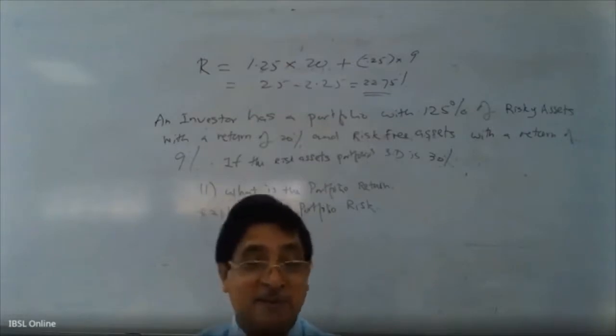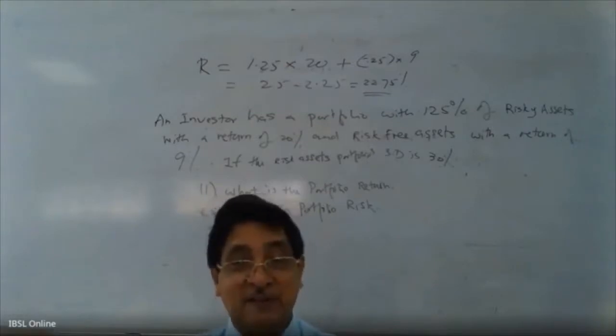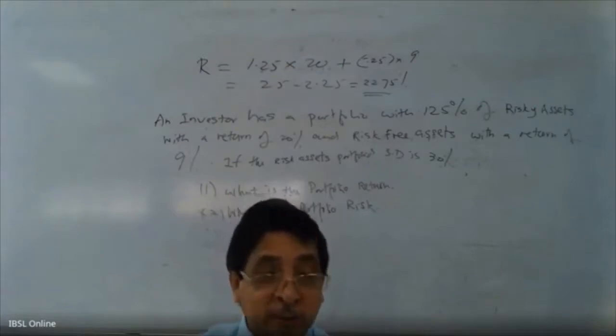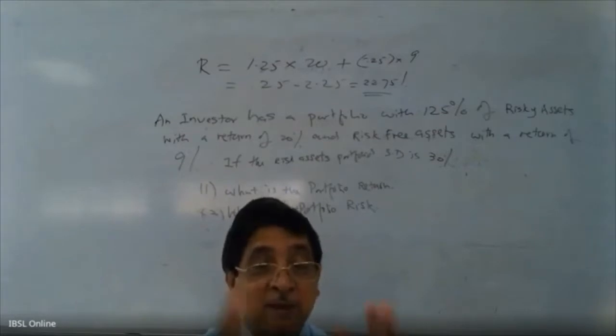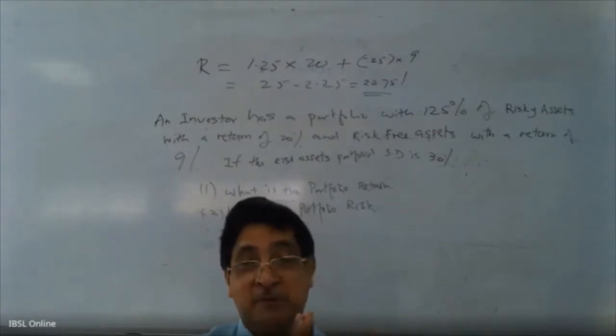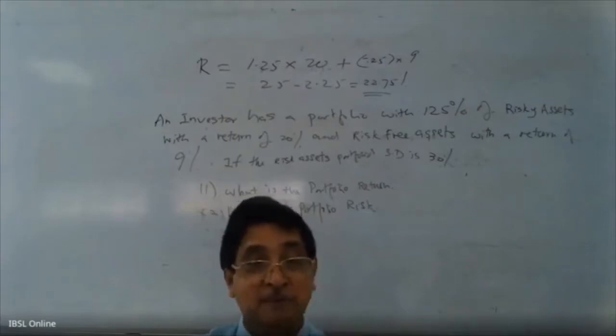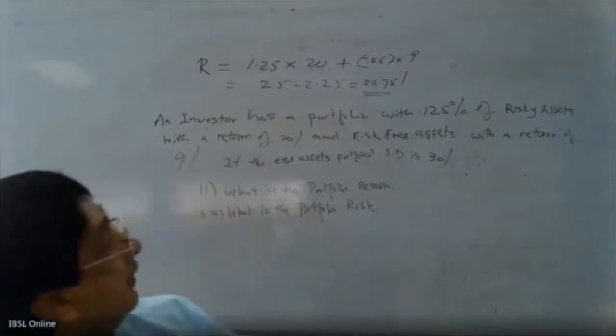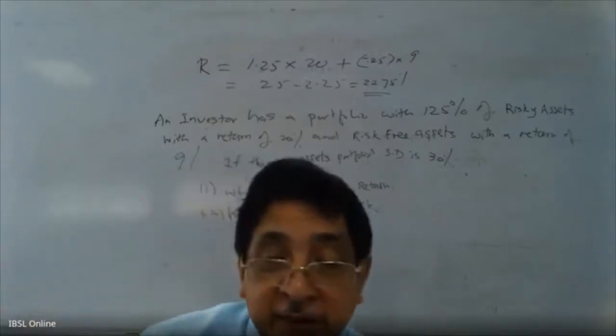The other asset is the risk-free asset. So minus 25 plus 125 comes as 100. That is how minus 25 came. And the meaning of that is we have not invested there, we have borrowed. The investor has borrowed. So with that, you got the answer 22.75. That is the return.